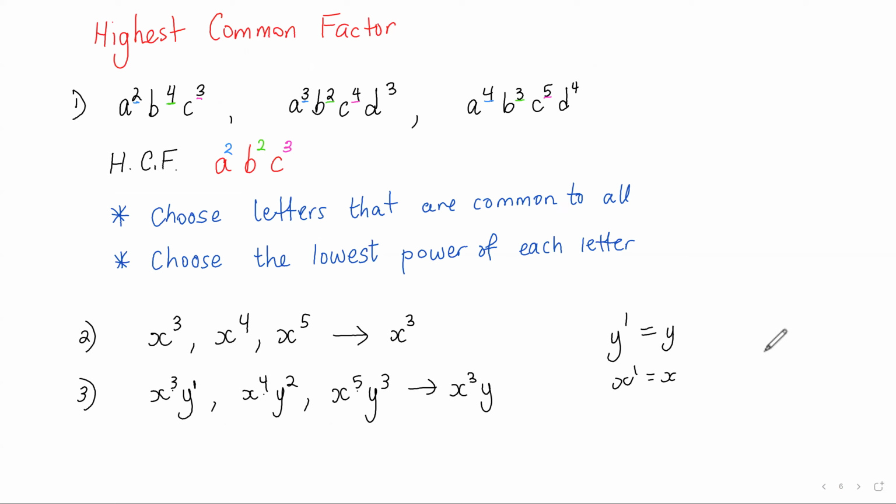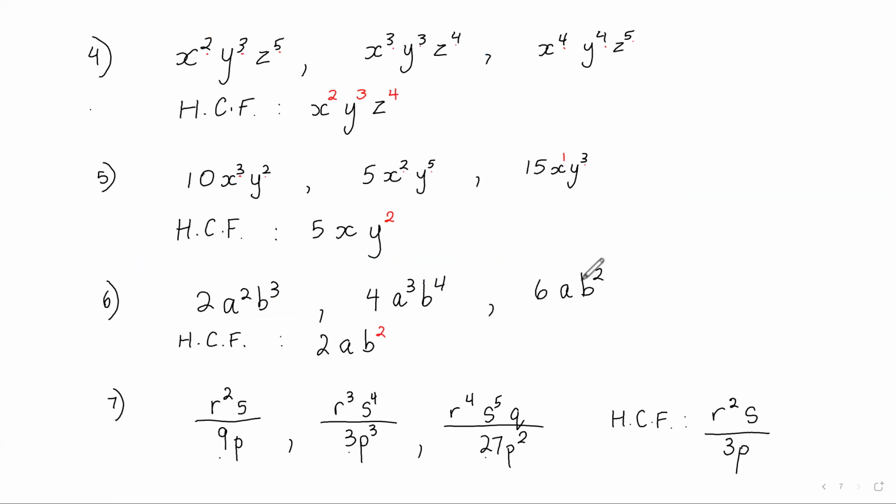Like taking a step-by-step approach. And I should have actually used the word term over here, because in some of them it had numbers. So the lowest power of each term, because a term could be a letter or a number. Good. So you all ready to try out some?